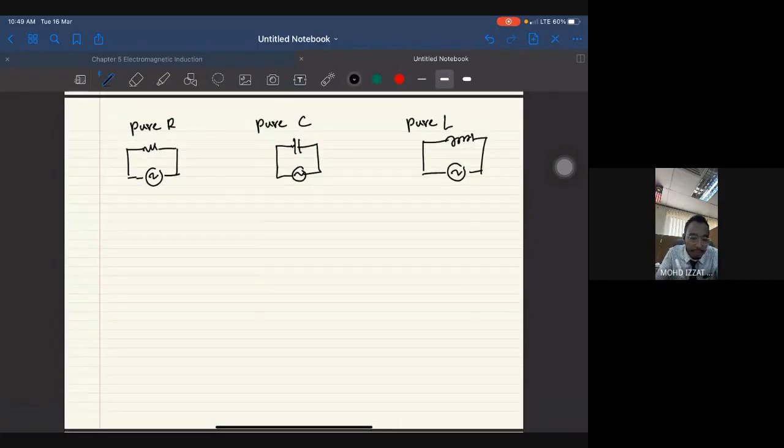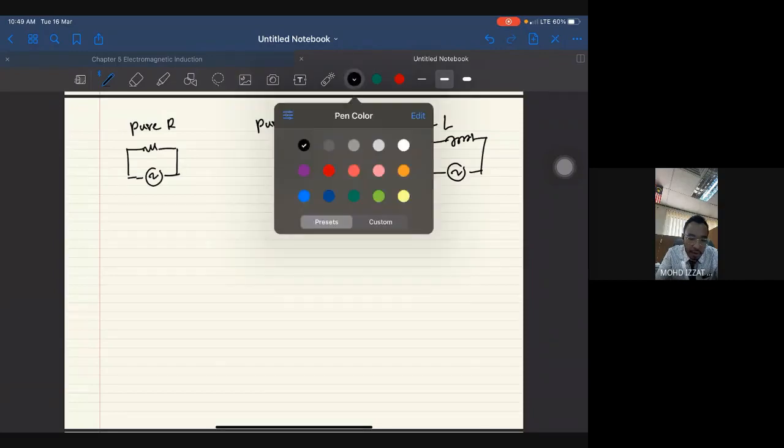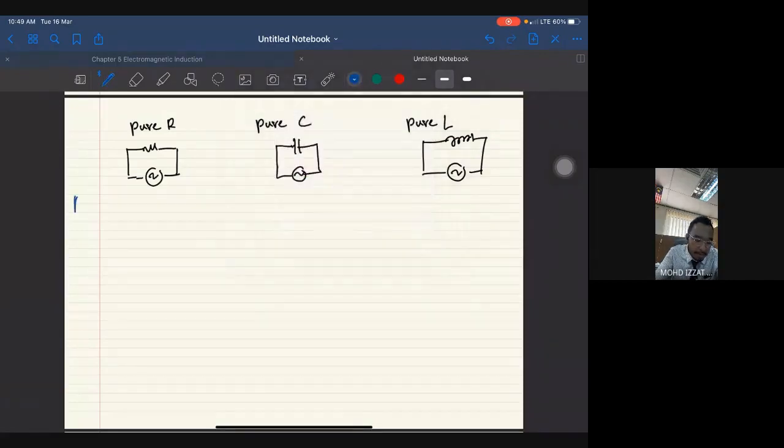So what I'm going to do now is write you a phasor diagram. Okay, it's called a phasor diagram. A phasor diagram indicates the position of your voltage and current at a specific time.